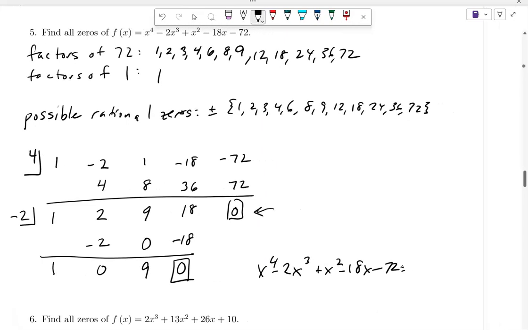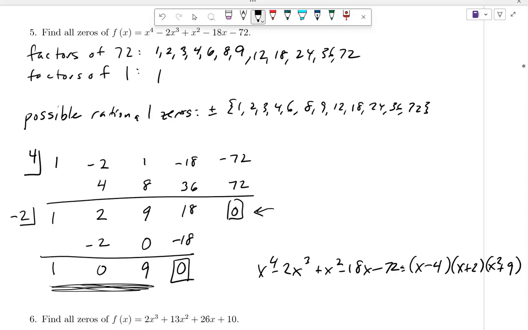Yeah, so the factor will be x minus 4, right? Another factor is x plus 2, and the rest of it's going to be what? Looking at this part here, what's the rest of it going to be? x squared plus 9, right? We agree? Because that was our quotient at the end, isn't it?